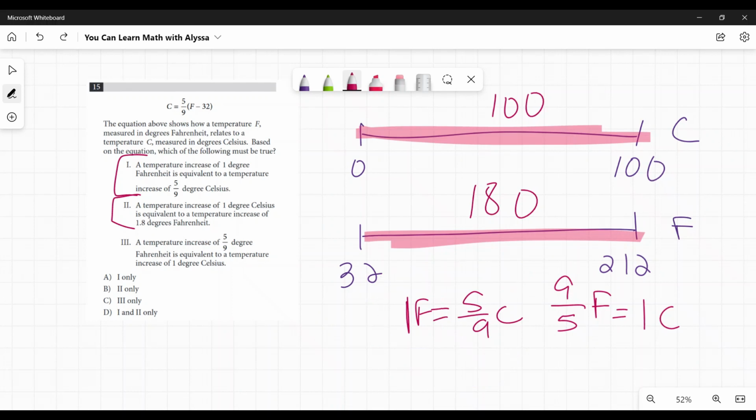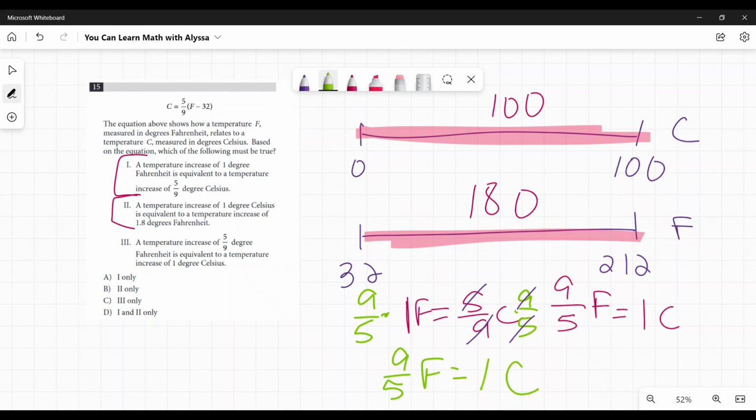Well, here I have 1 Fahrenheit and I want to get to 9/5. I need to multiply this 1 by 9/5. So if I multiply both sides here by 9/5, what happens? On the left, I get 9/5 F, or Fahrenheit. Here, 5/9 times 9/5, those fractions cancel out, and I am just left with 1 Celsius.